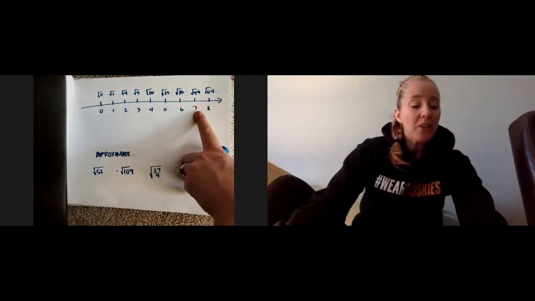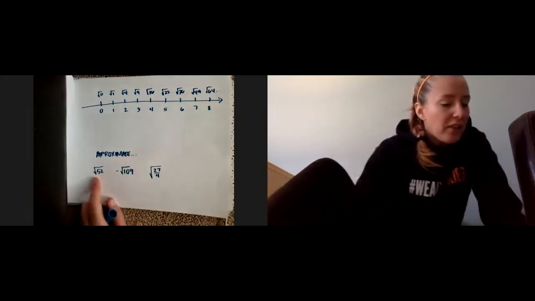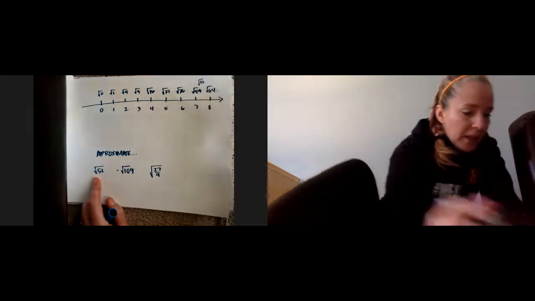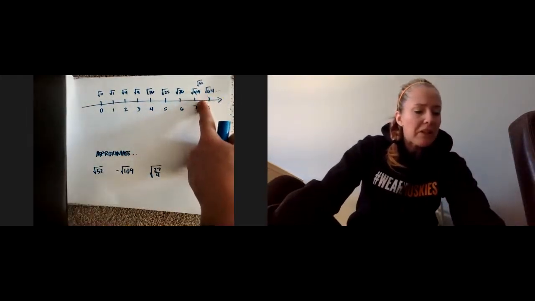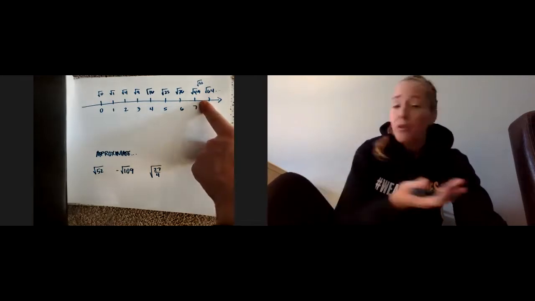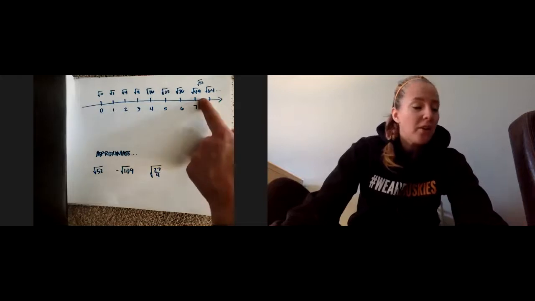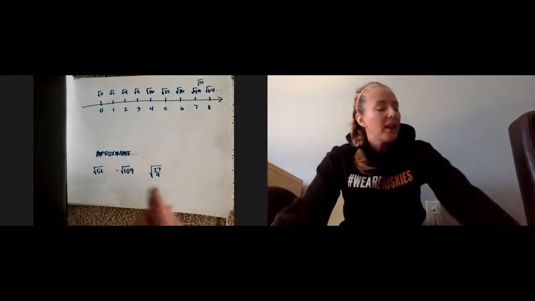So its square root is going to be a little bit closer to 7. Makes sense, right? So the square root of 52 is right there, okay? Probably somewhere right here, maybe like 7.3. I don't know off the top of my head. And my phone is being used to record this video, so I don't have a calculator on hand. So probably like 7.2 or something like that, okay? But you can always use a calculator to confirm that.